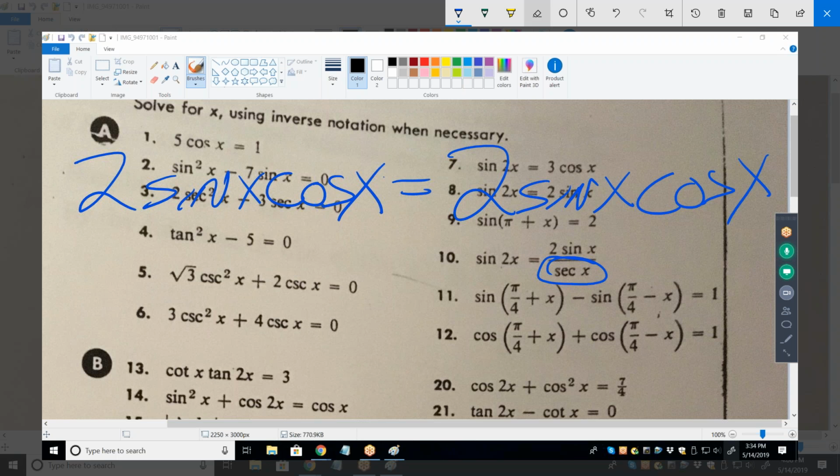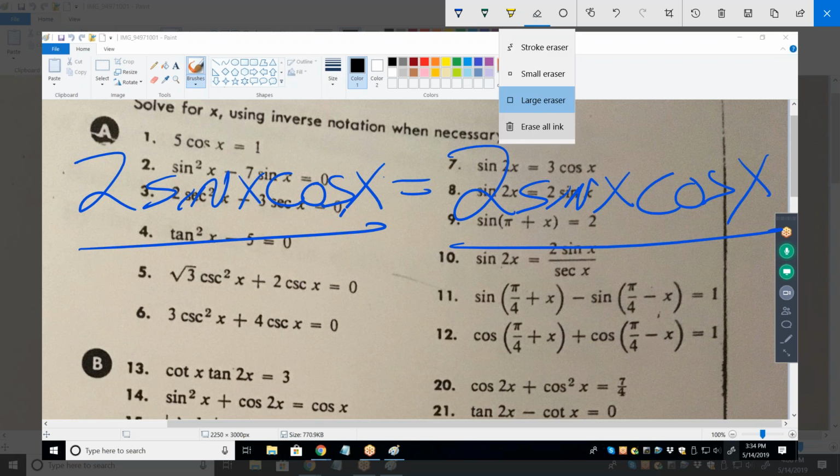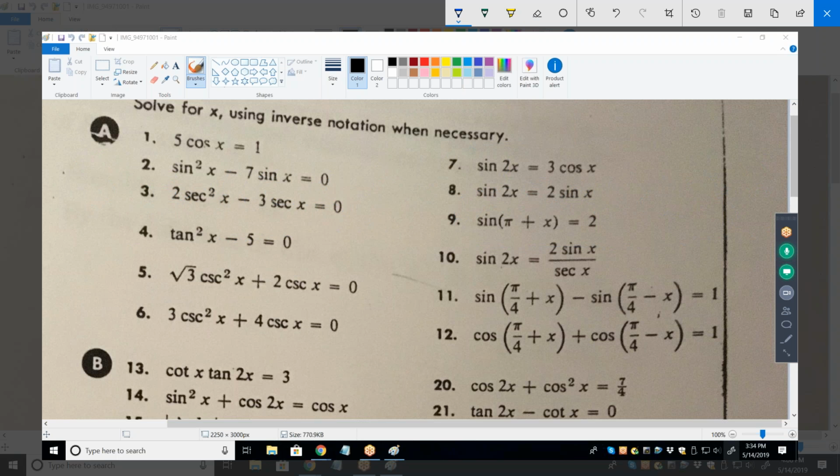So is that going to be infinitely many? Good, very good. No matter what x is, that's equal to that. Whenever you get an answer like that, where one side of the equation matches the other and there's still a variable in there, that means that variable can be anything.